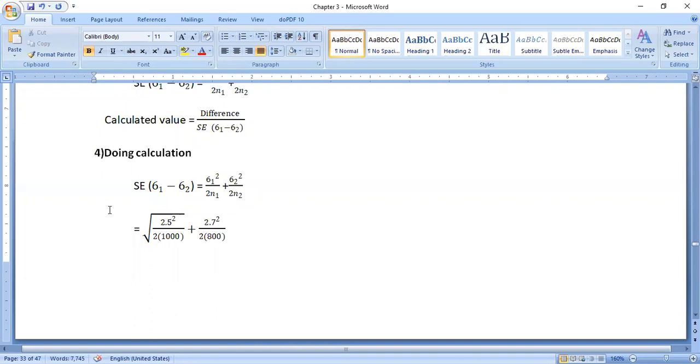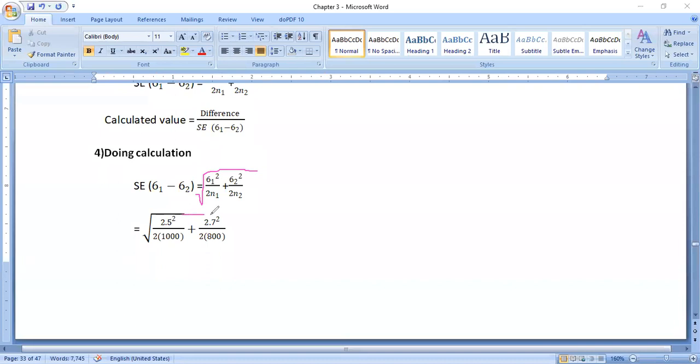The standard error of standard deviation 1 minus standard deviation 2 is equal to the square root of standard deviation 1 squared by 2 into n1 plus standard deviation 2 squared by 2 into n2.